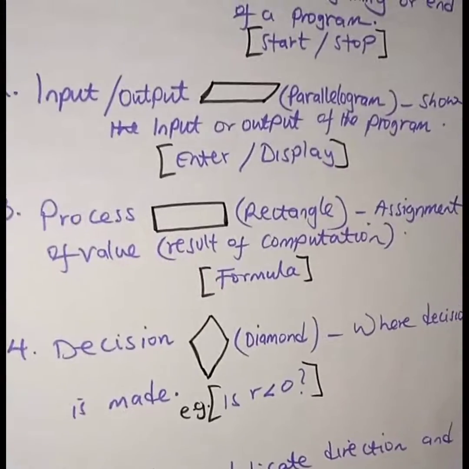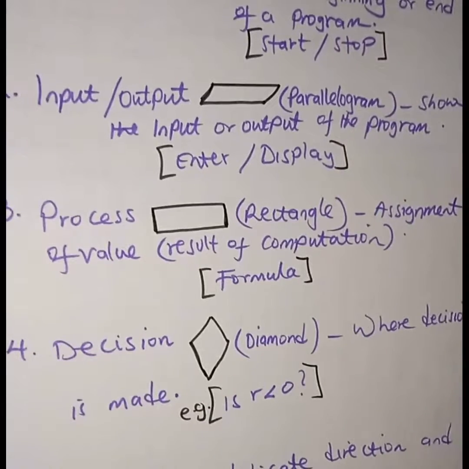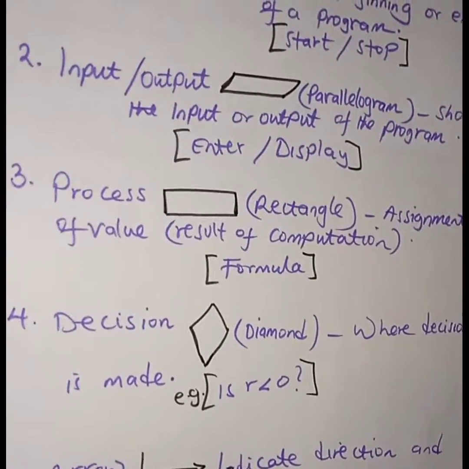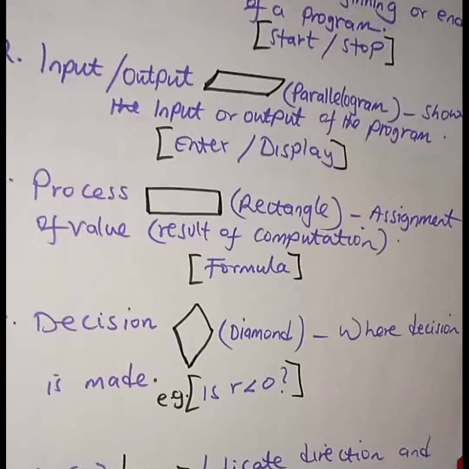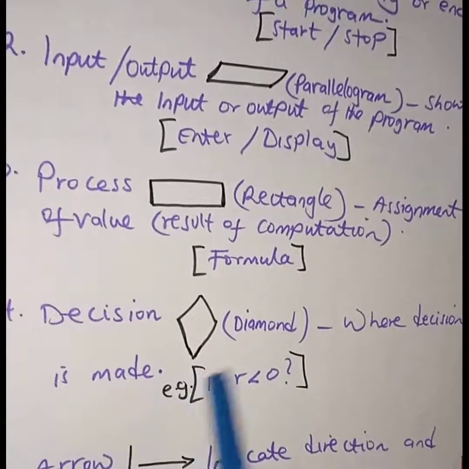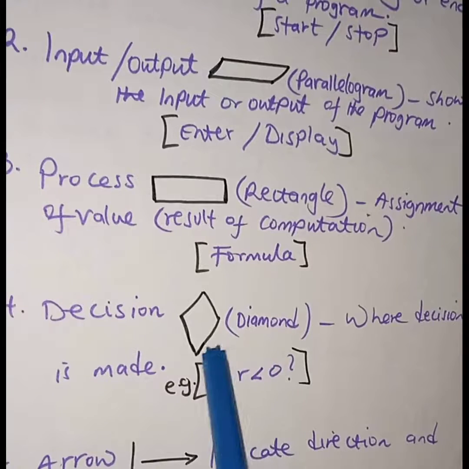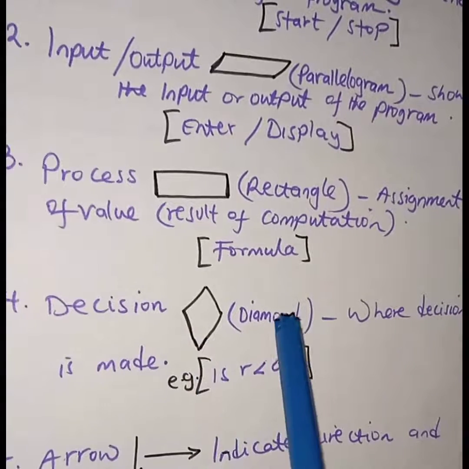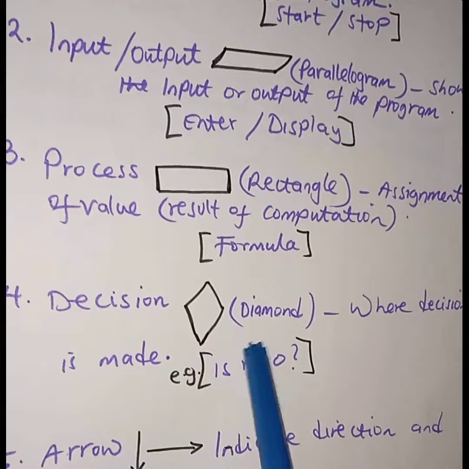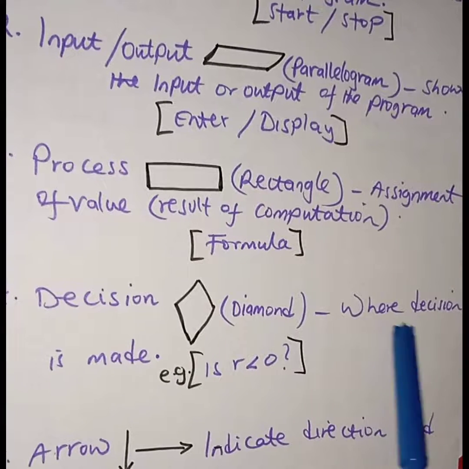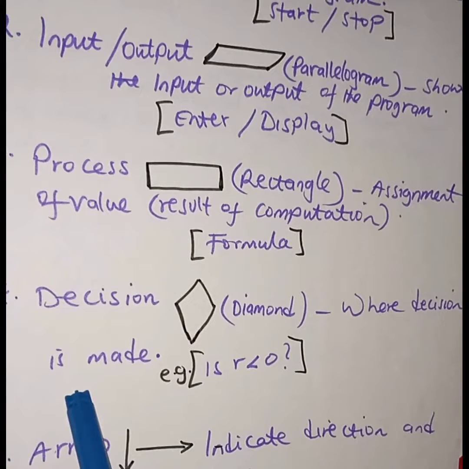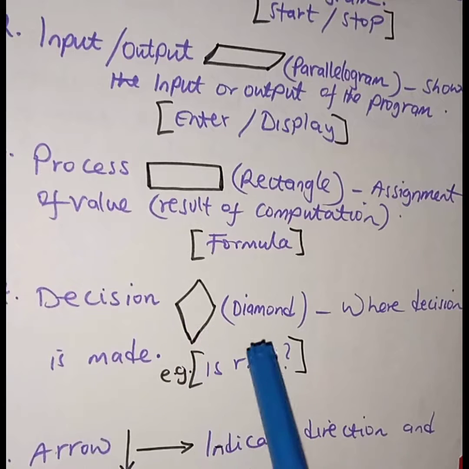Next is decision. For decision, it looks like a diamond. You can easily remember this decision symbol as a diamond. For this one, that is where decision is made. And what can you see in such?